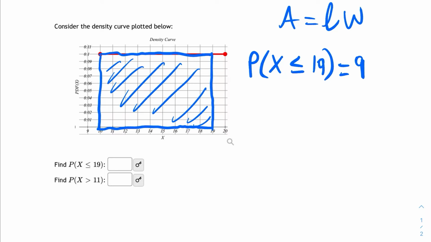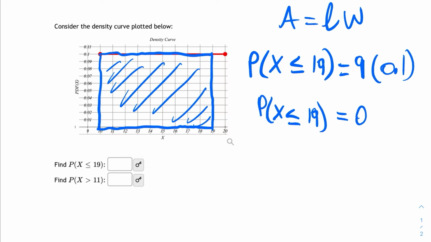And the width is the height here, from bottom to top, which is 0.1. So 9 times 0.1: the probability that x is less than or equal to 19 is 90%. It's a 90% chance that you get a number between 10 and 19 from this process.